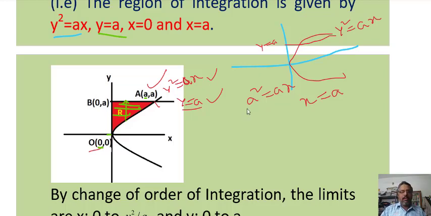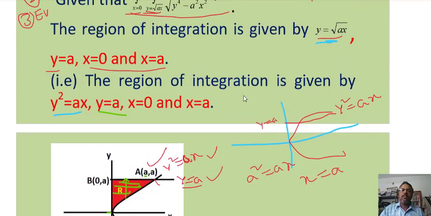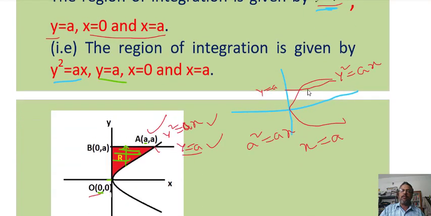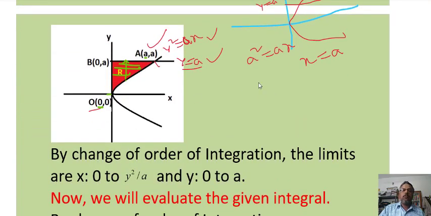Now we will change the order of integration. Change the x variable and y variable, then what about the limits? Our method is to integrate with respect to x, then integrate with respect to y. For finding the limits of x, observe along the x-axis.